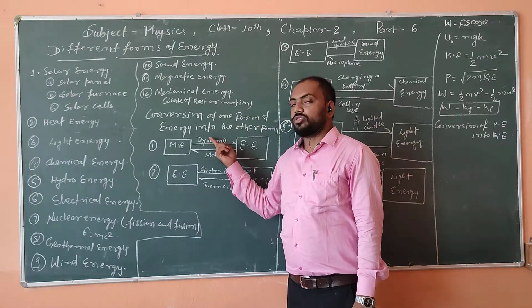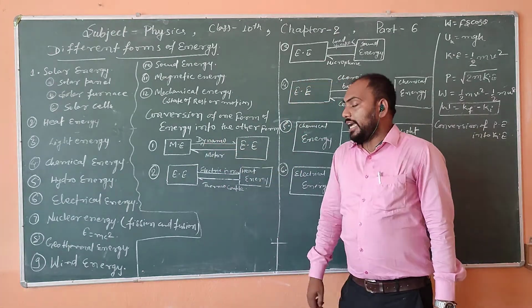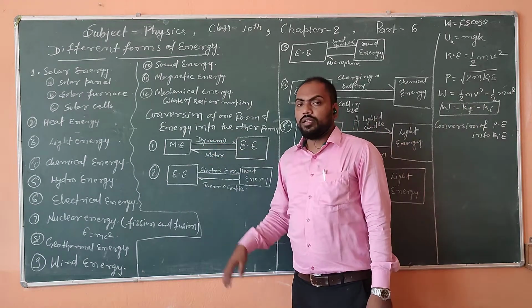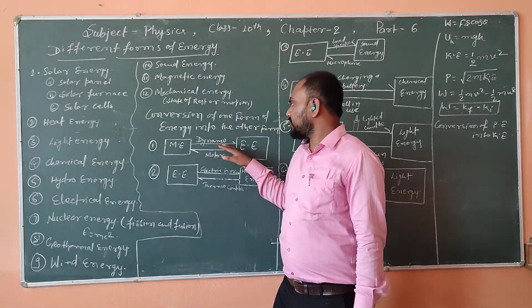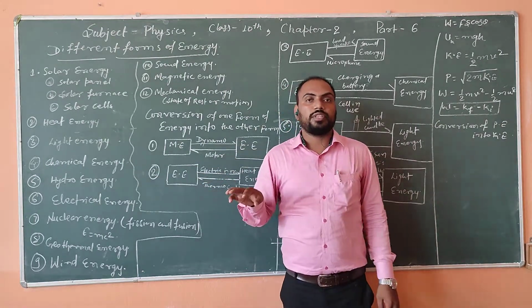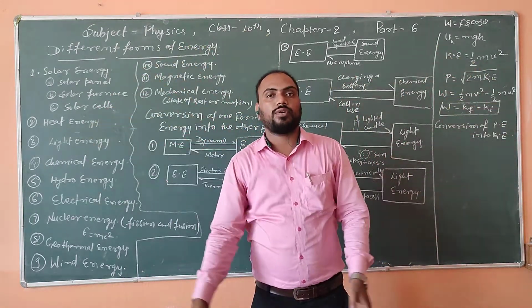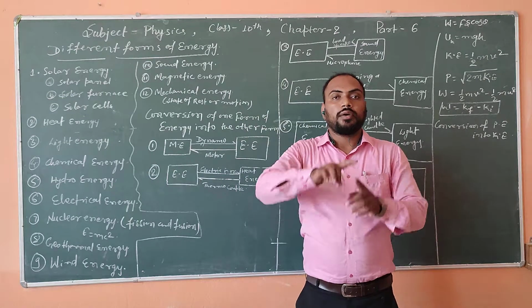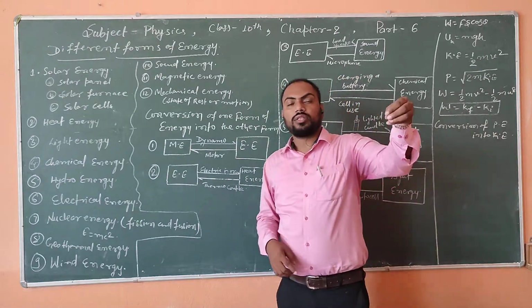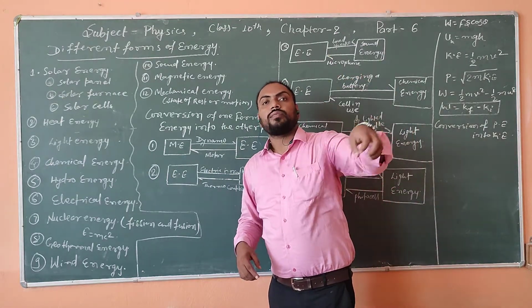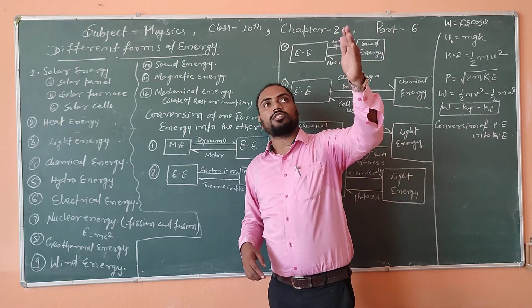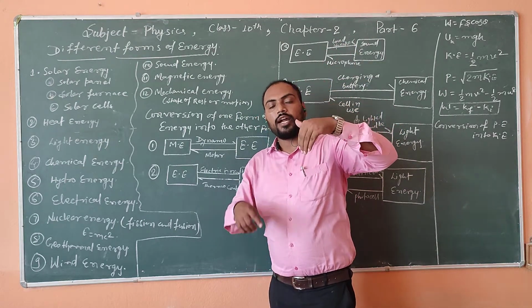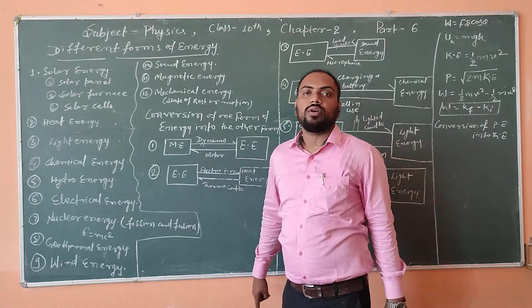In a hydropower plant we fix our dynamo with a large turbine wheel. We let water fall on that wheel from a height, that is the potential energy of water, and it rotates the turbine wheel.